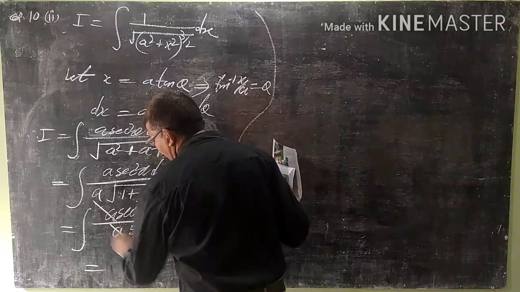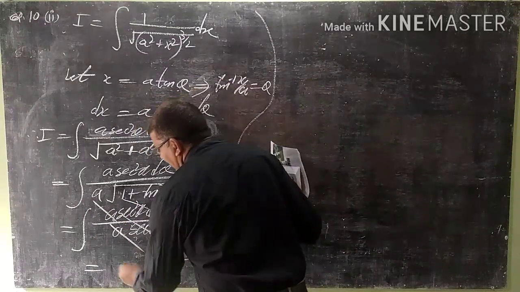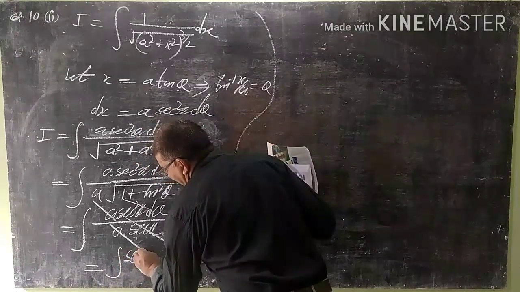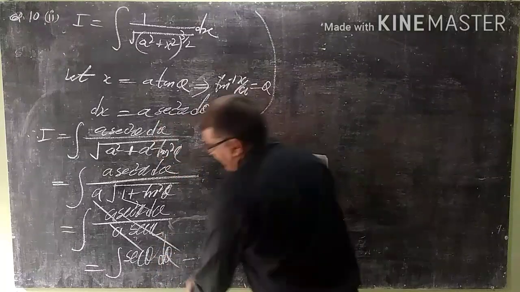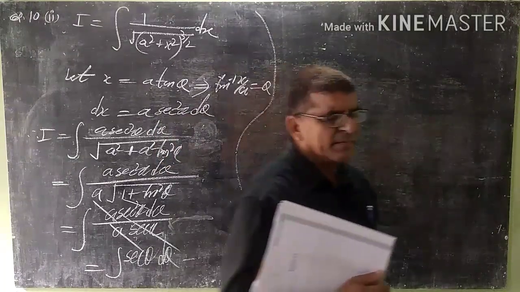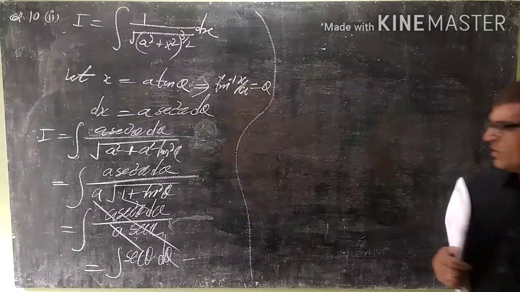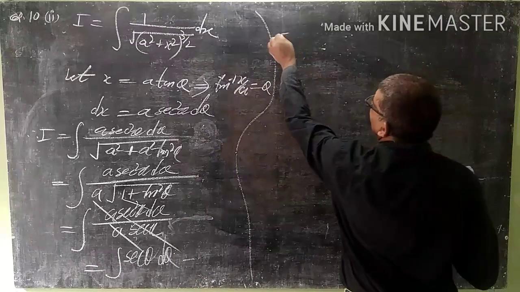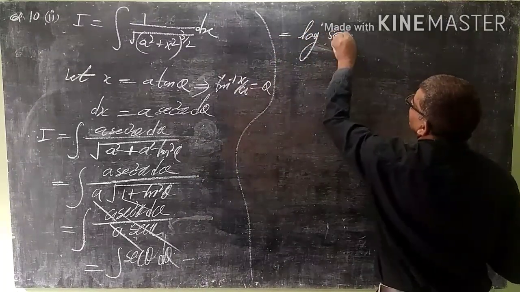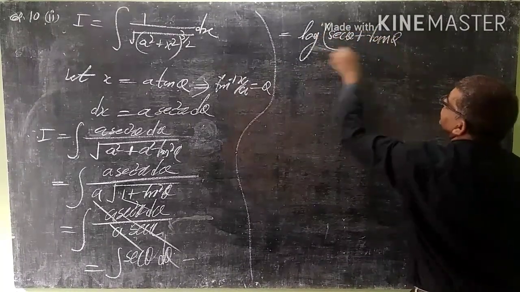Now a cancelled by a, sec square theta cancelled by sec theta, it is only sec theta d theta. And you know very well the integration of sec theta. Integration of sec theta equal to log sec theta plus tan theta plus c.